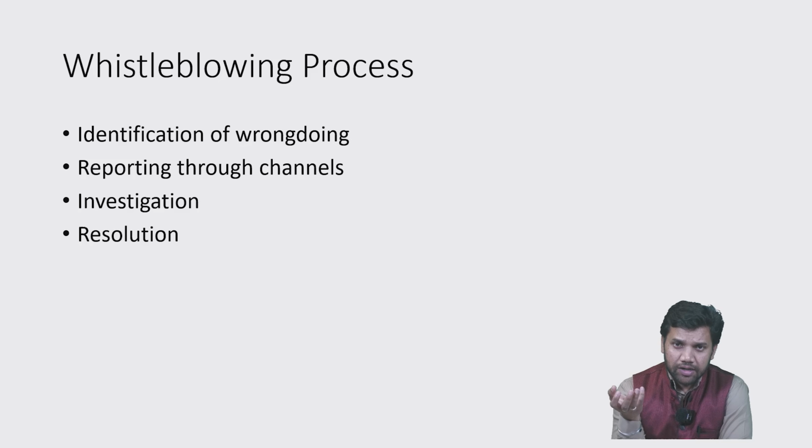Any type of channel may be used by the whistleblower to report the fraudulent activity. The choice of channel depends on the severity of the issue and the effectiveness of the internal mechanism.